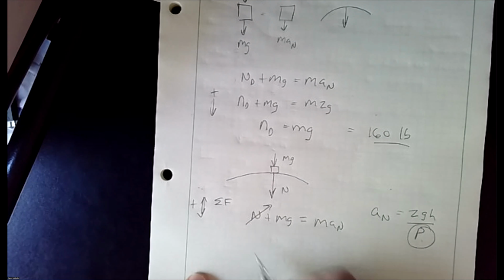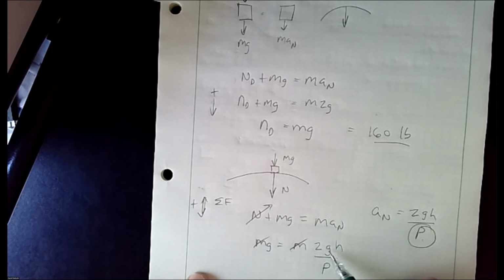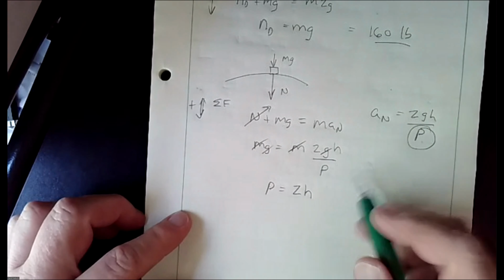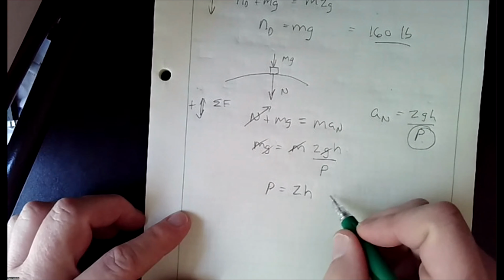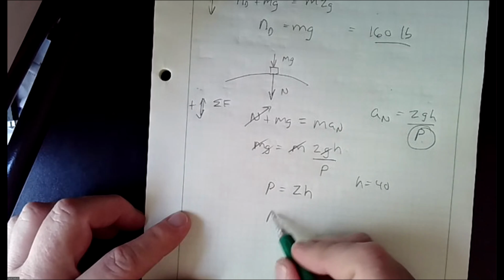If we simplify, it becomes mg equals m times 2gh all over rho. But the m's cancel, the g cancels, and h is 40. So rho equals 2h, and if h equals 40, then rho must equal 80.